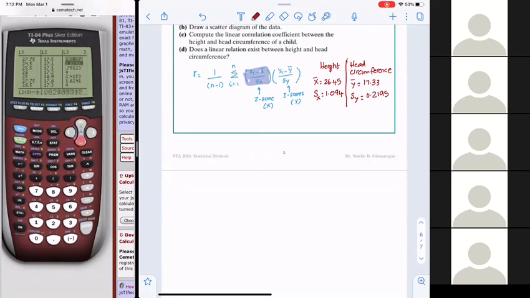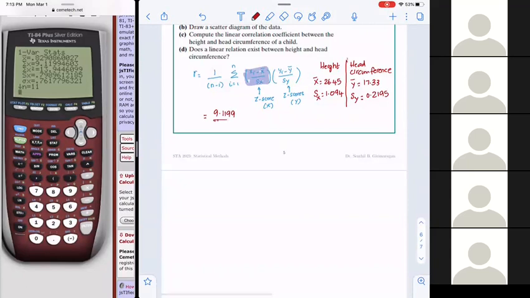Now I have to sum them all and divide by n-1. To do that, I'm going to press start, over to calc, one variable statistics of list 3. The sum of all the values is 9.1199. It is in the second line.